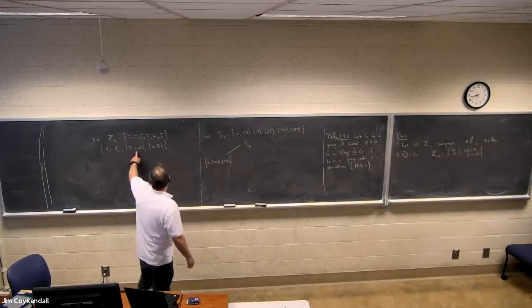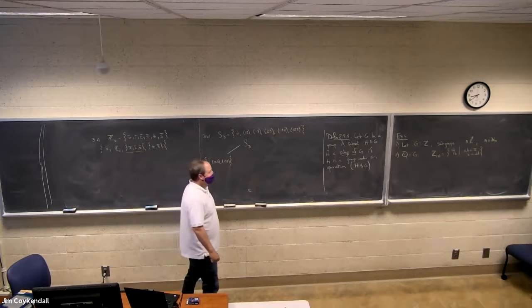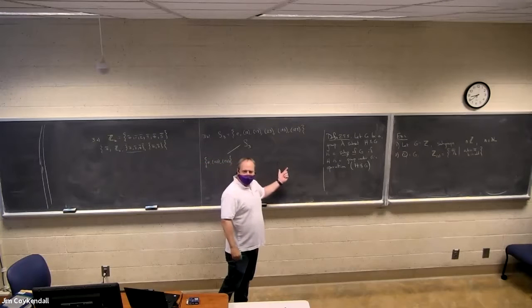Just like this one had one and only one subgroup of order 3, this also has a subgroup of order 2, but it's got 3 of them.